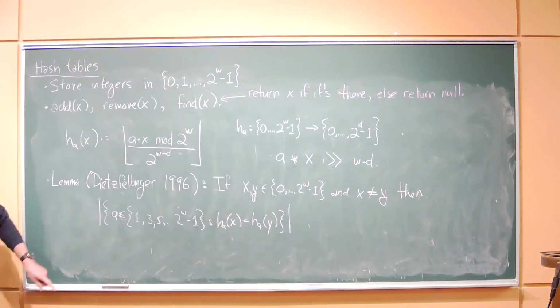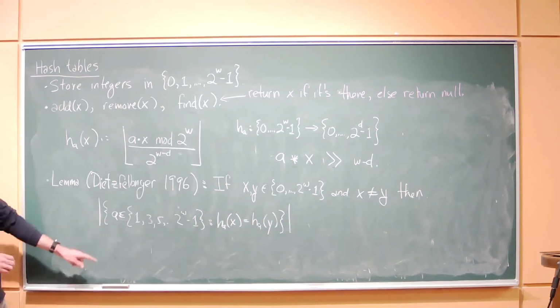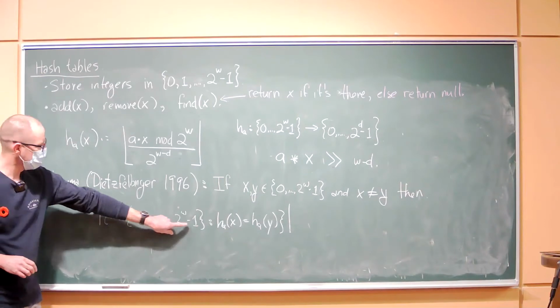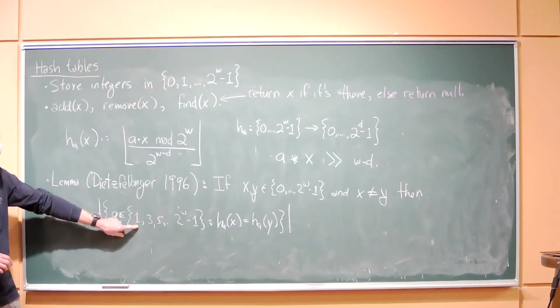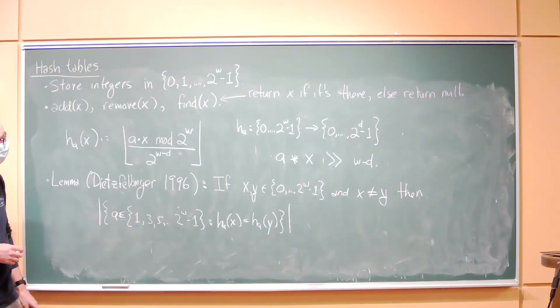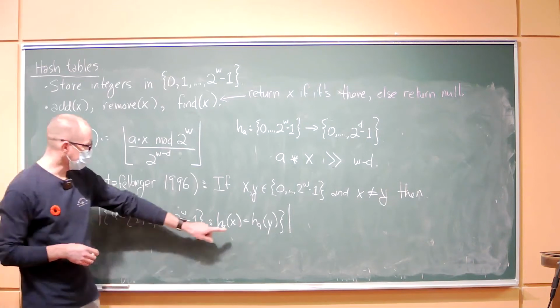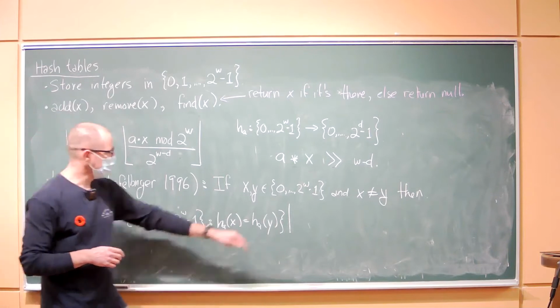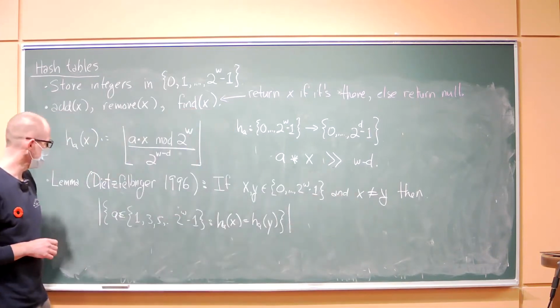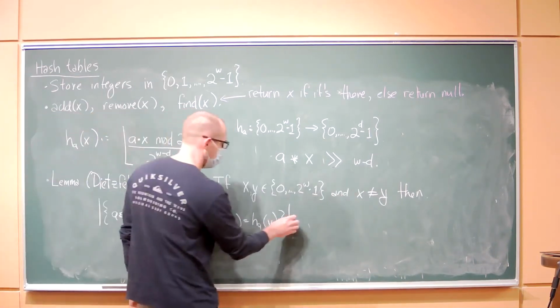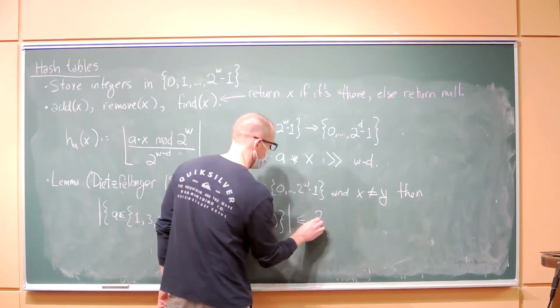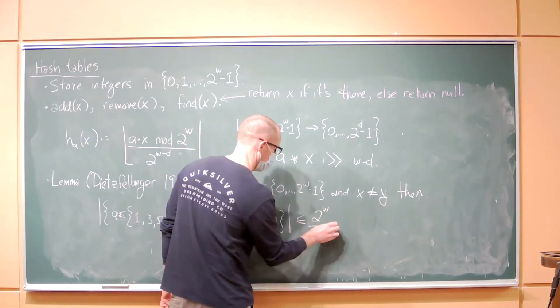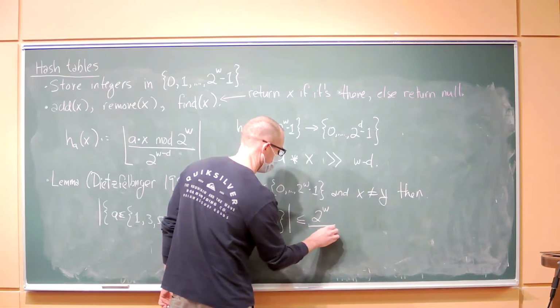Okay, so I'm going to count the number of odd integers in the range that I'm interested in, that are my choices for A, which cause the hash value of x to equal the hash value of y, where x and y are any two distinct things. That is less than or equal to 2 to the w divided by 2 to the d.